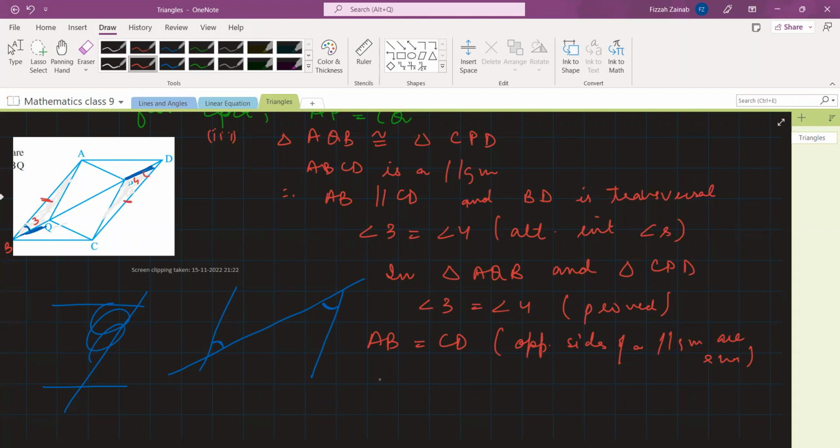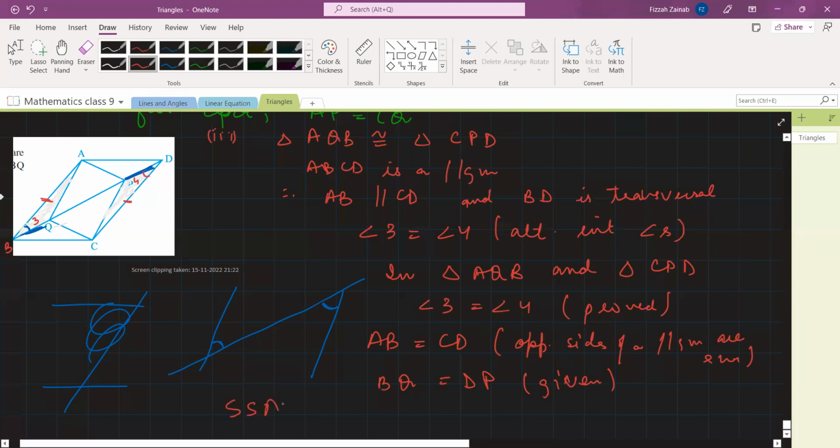Okay, and BQ is equal to DP, which is given in the question. So you have SSA criteria, or SAS, what you call it? No, the angle is in between, so we call it SAS. We are taking two sides and the middle angle. So SAS. Triangle AQB is congruent to triangle CPD.